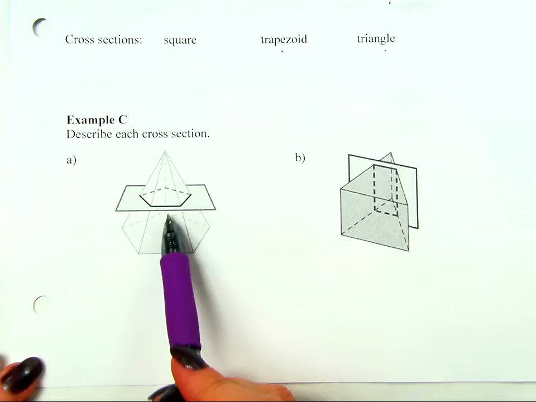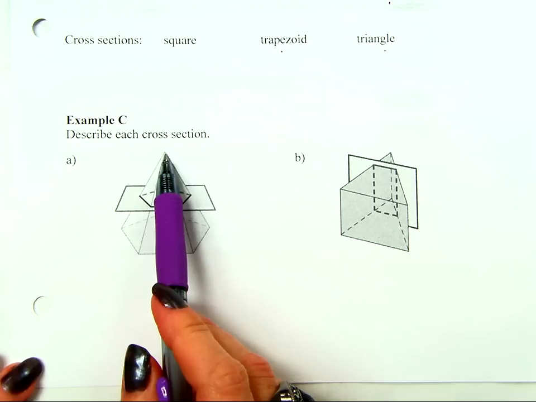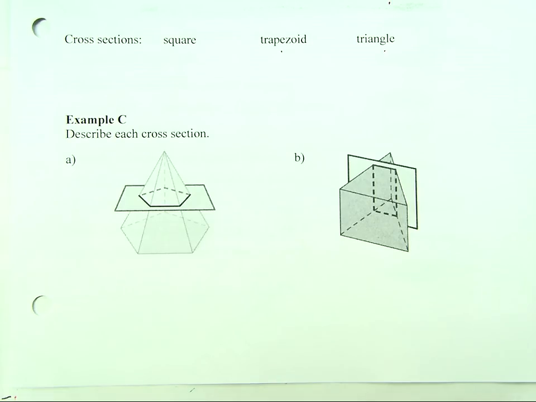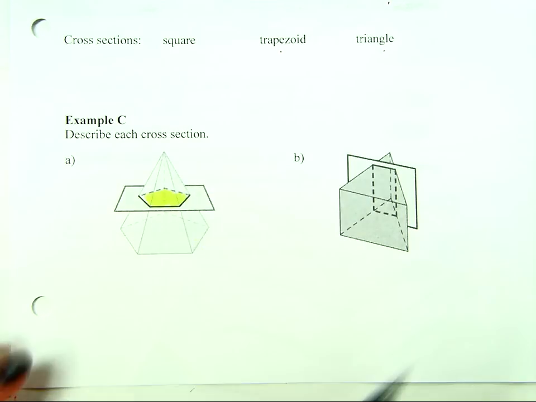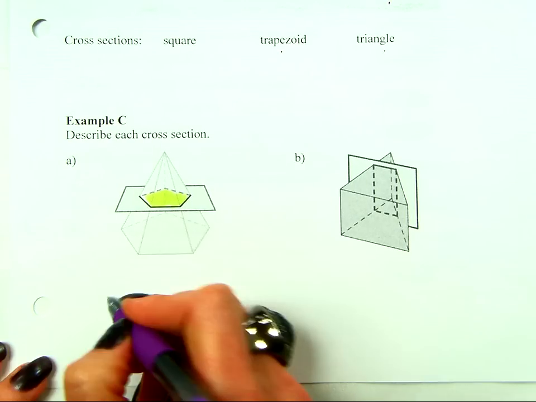Here I have a pentagonal pyramid. If I cut this horizontally, I can see that my cross section right in there is simply going to be a pentagon.